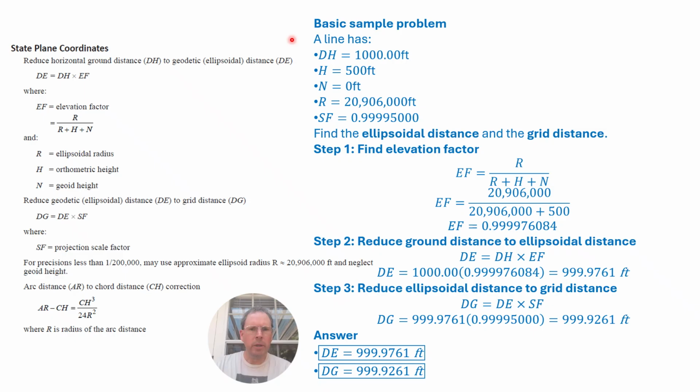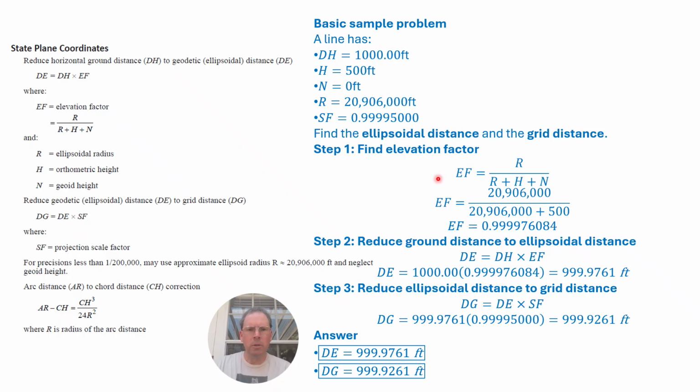So let's say a line has a DH, which is a horizontal ground distance, 1,000 feet, and H, which is orthometric height, 500 feet, N, geoid height, and an R, ellipsoid radius, and an SF, which is a projection scale factor. Find the ellipsoidal distance and the grid distance.